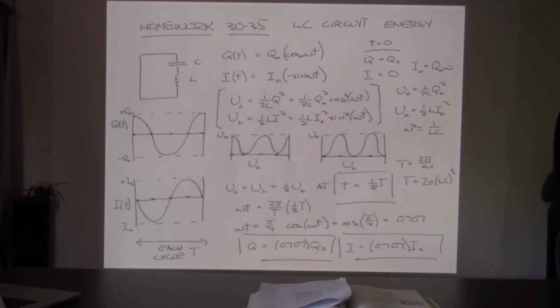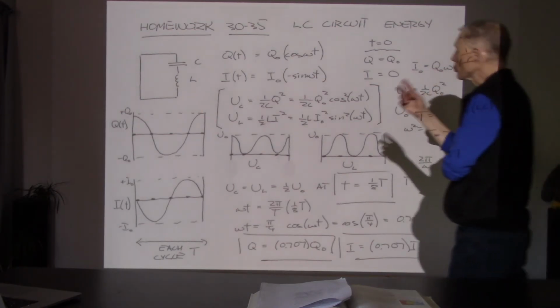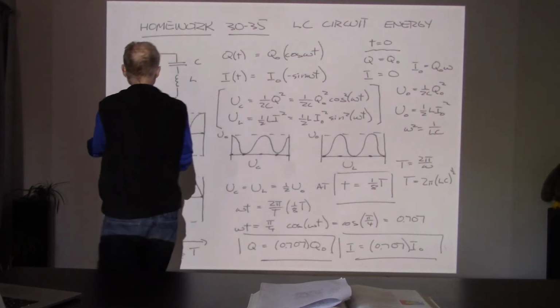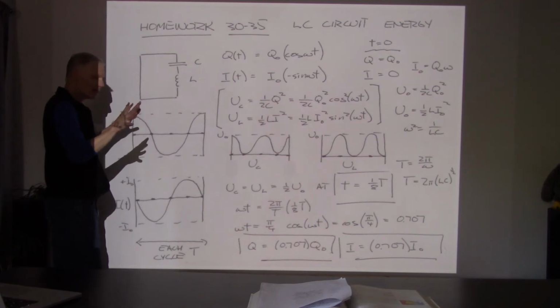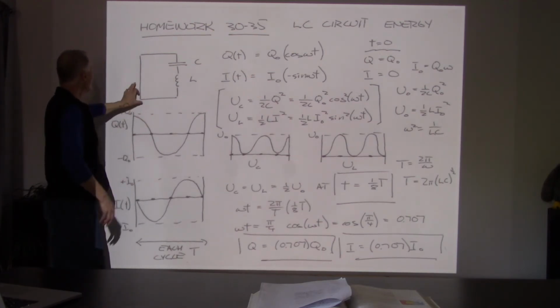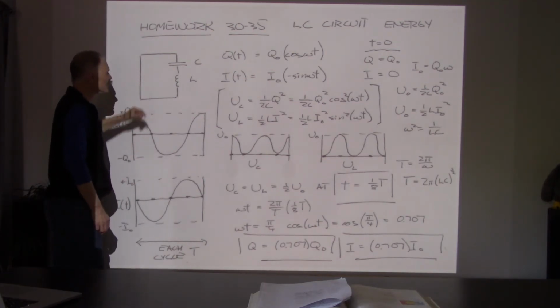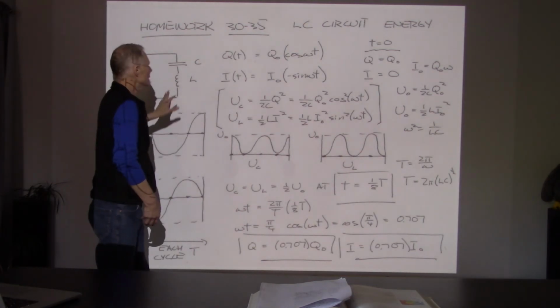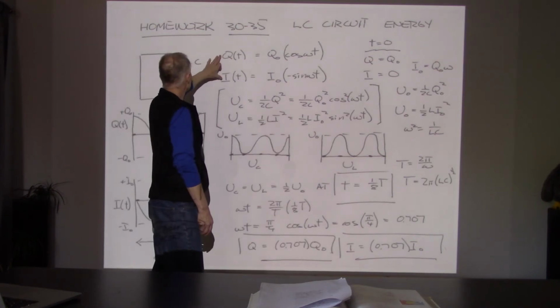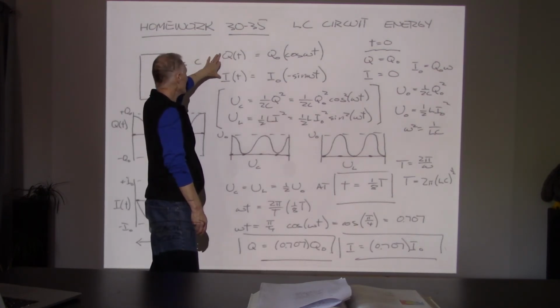So two sources that are going to dissipate energy are radiating electric and magnetic fields, and the resistance in the wire. We're neglecting both of those, saying they're small effects.